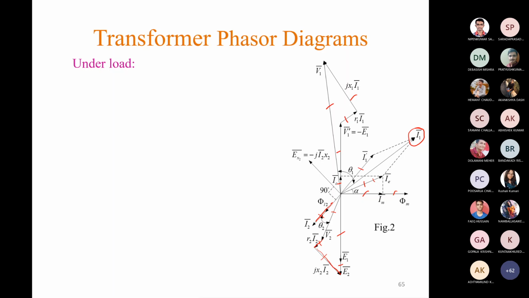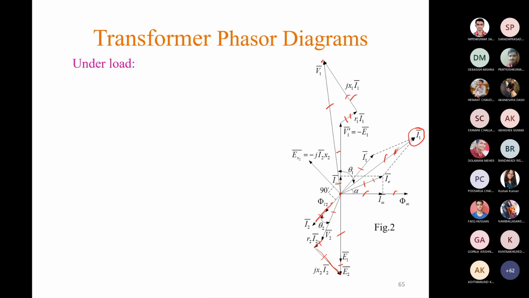Now the total primary current is I1, so you have to draw I1 R1 in parallel with this line, and this jI1 X1 in quadrature with this line. That means the total primary current. Then you can add this point and this point to get the total supply voltage.